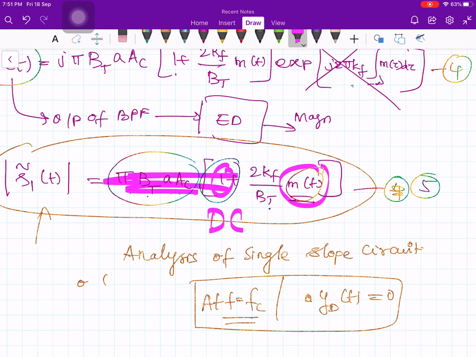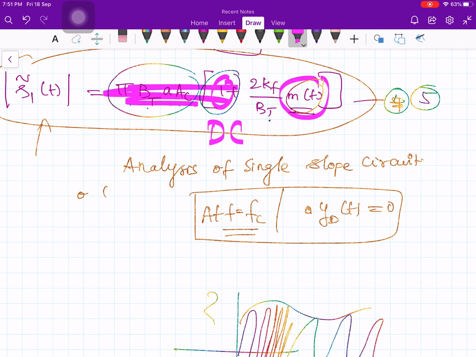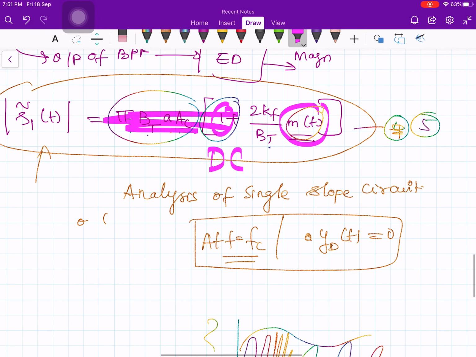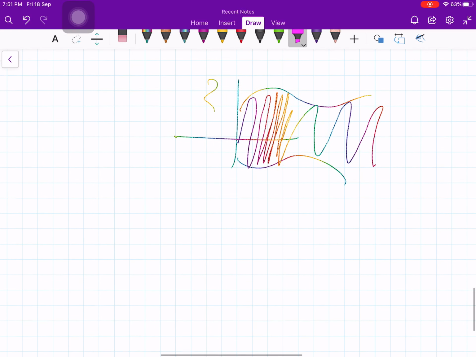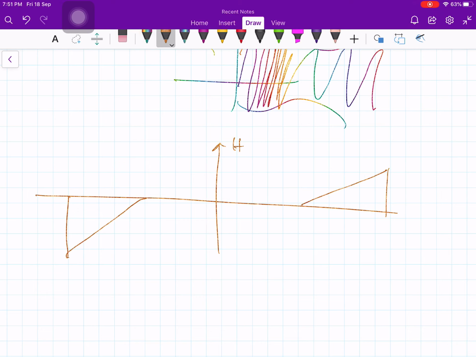The same analysis we will repeat, but in a slightly different fashion. We want to balance out the response at the carrier frequency, but at present the response at the carrier frequency is not 0. In this case we had the circuit like this. This is my H1 of f.